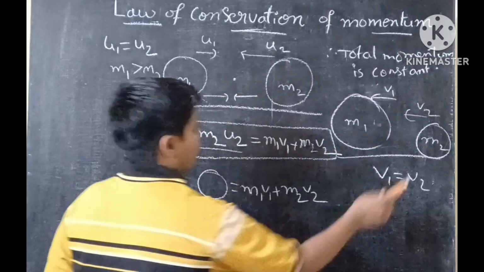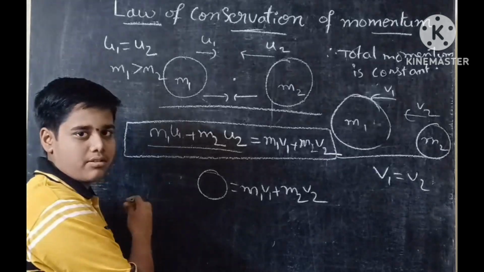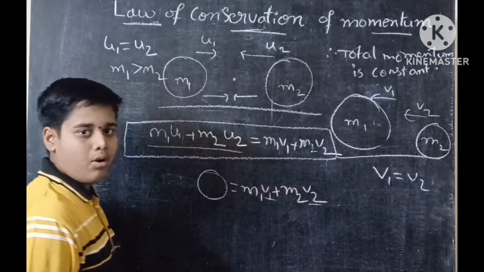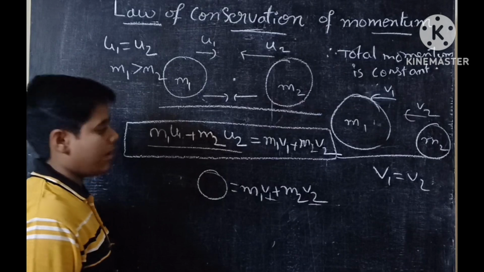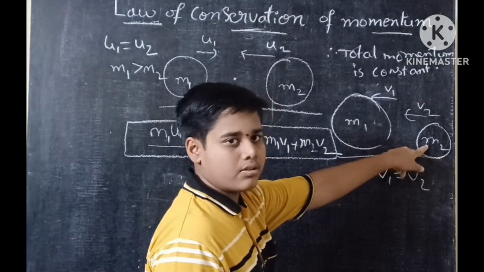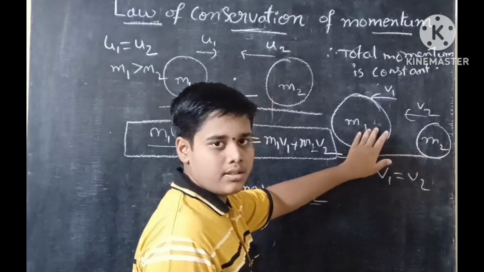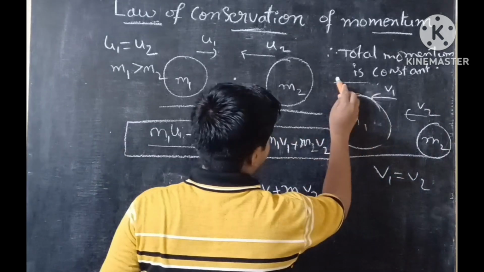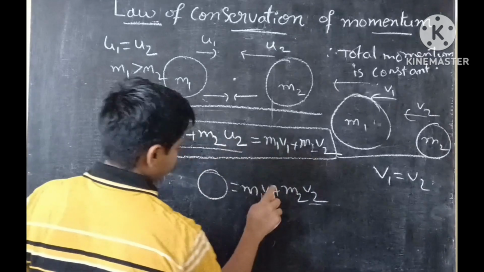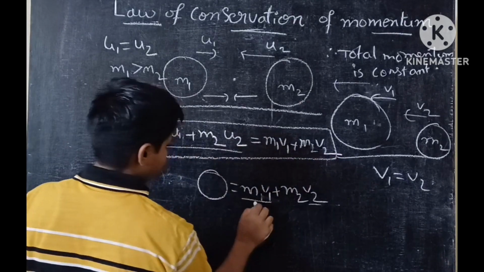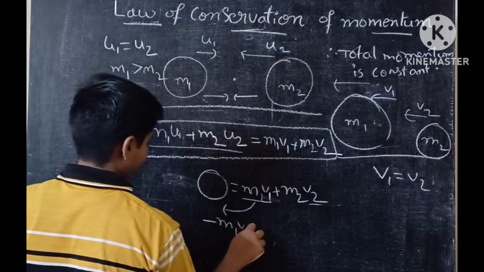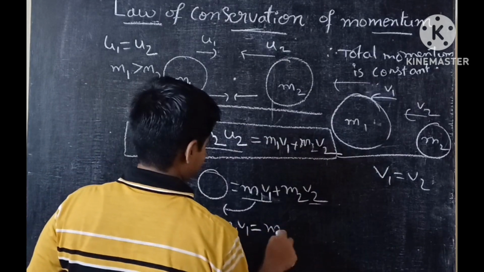So after collision both travel in the same direction like this, towards this direction only. So these two bodies' velocities are the same because this has bigger mass, it is attached to this and goes towards this direction. Here I am transposing this term to this side, which means minus m1 v1 is equal to m2 v2.